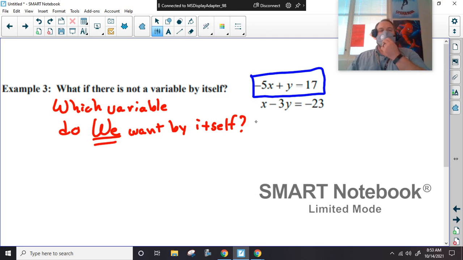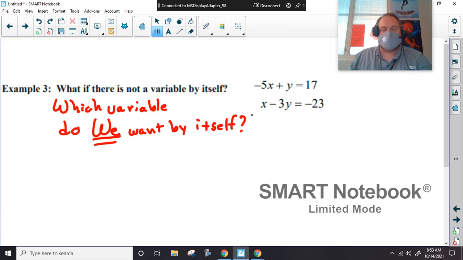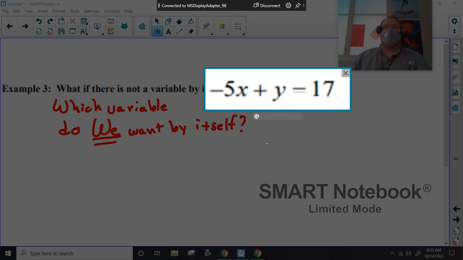All right. If we look at this top equation, would it be easier to get x or y by itself? Because if we try to get x by itself, we end up dividing by a -5 later.